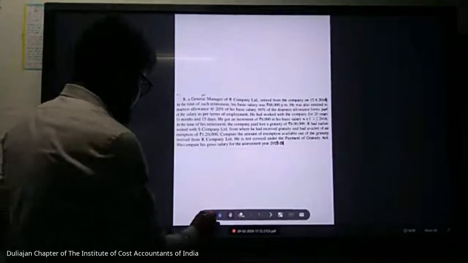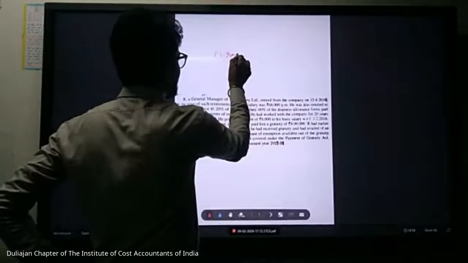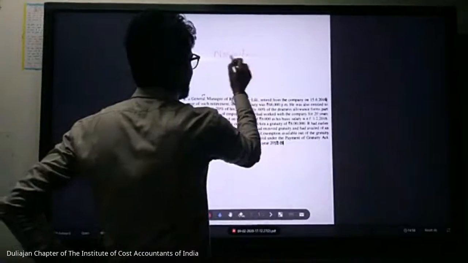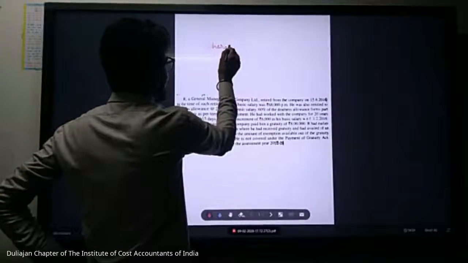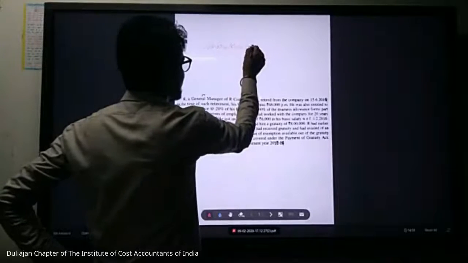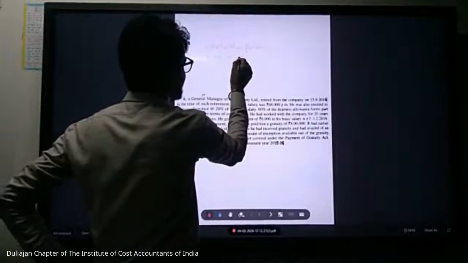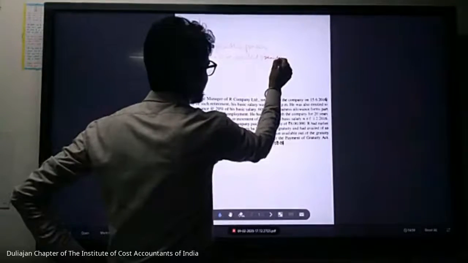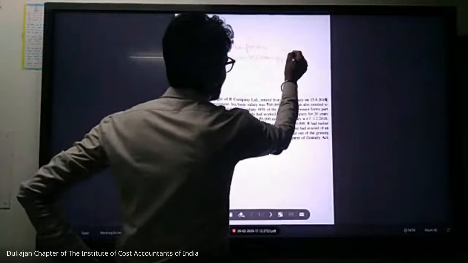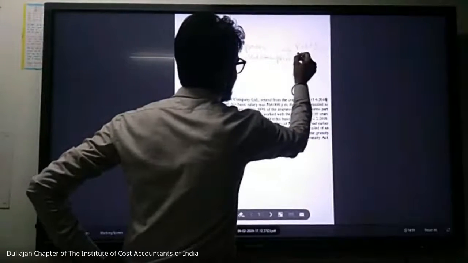In normal cases, where the person has availed exemption, then past service period is not taken.